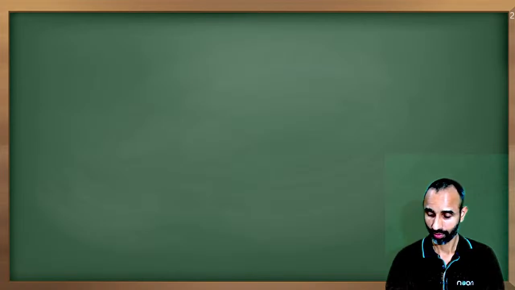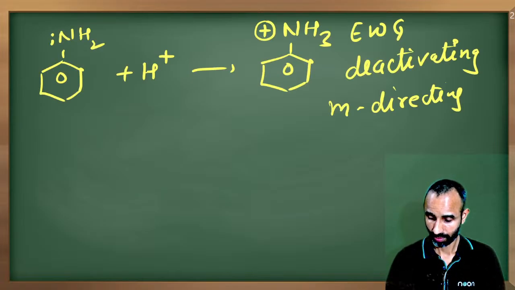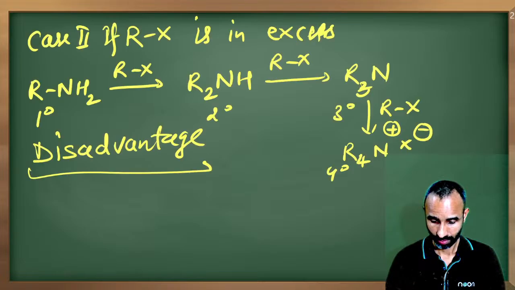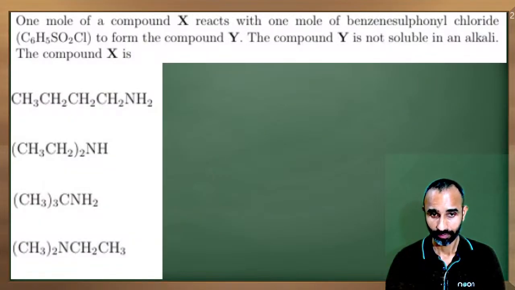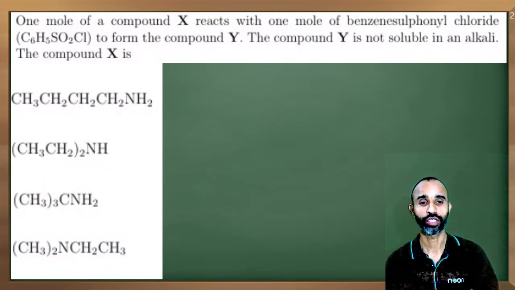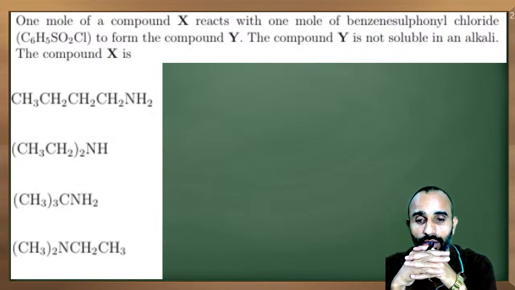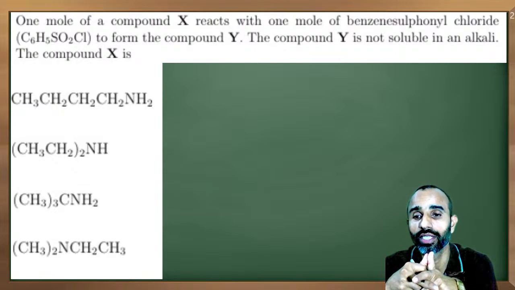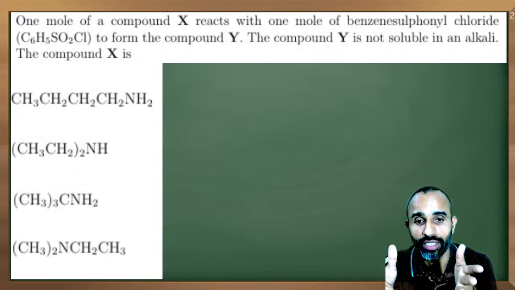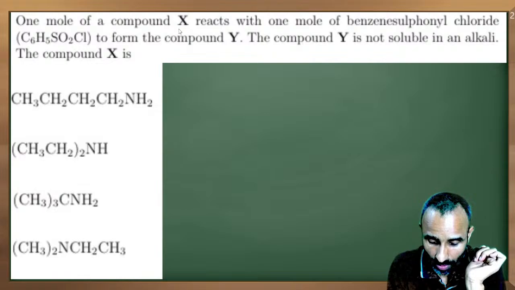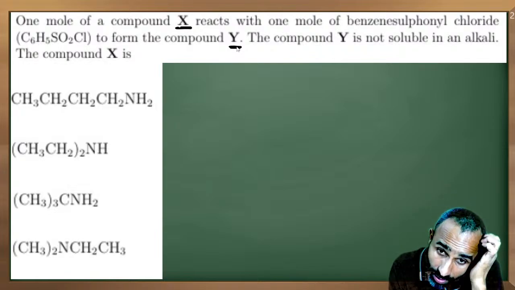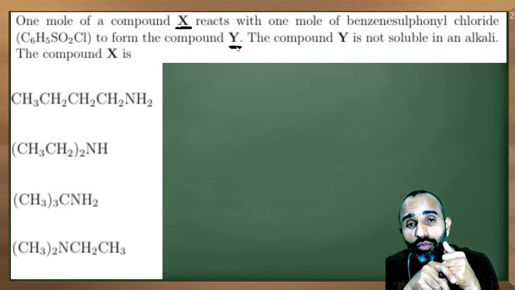Now, okay, this is one of the questions. 1 mole of a compound X reacts with 1 mole of benzene sulfonyl chloride, that is Hinsberg reagent, to form the compound Y. So compound X reacts to give compound Y. The compound Y is not soluble in alkali.